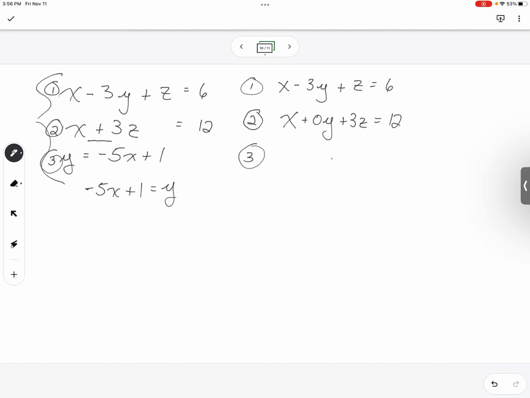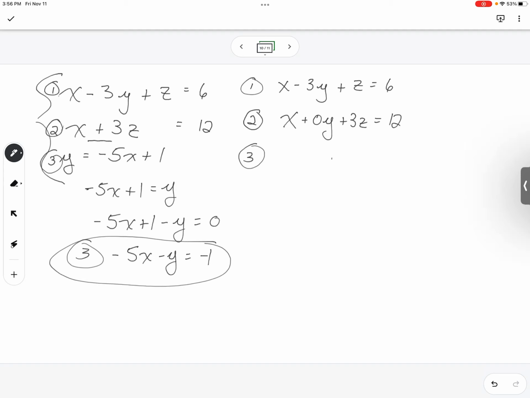I want x and y on the same side of the equation, so I'm going to subtract y from both sides. I want 1 on the right side of the equation, so I'm going to subtract 1 from both sides, and I get negative 5x minus y equals negative 1.